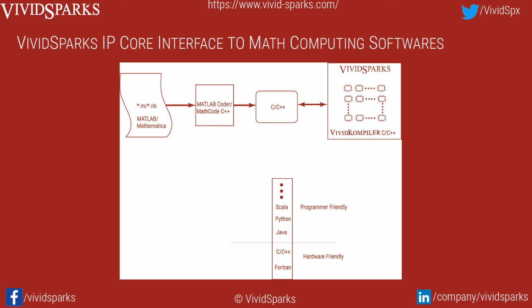Usually, these math software packages are interpreters. In other words, they sit on top of a compiler. These interpreters are usually very slow, but they are very programmer friendly. You could look at Java, Python, Scala, or any other such language in the same way. They sit on a basic compiler, C or C++ or Fortran.